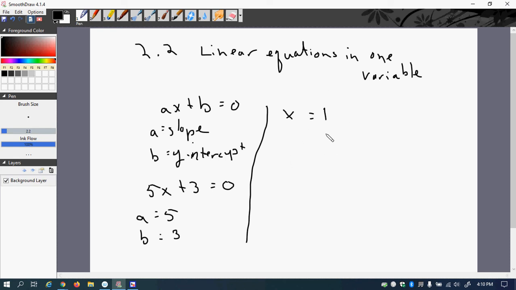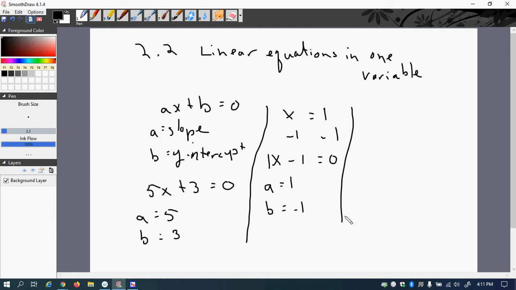We could subtract 1 from both sides, and then you get x minus 1 equal to 0. Now it does look like this equation. The 1 is sitting in front of the x, so a is 1 and b is negative 1. So there's another example of how it does take on this form. You just have to change it around so that it is in that form to prove that.